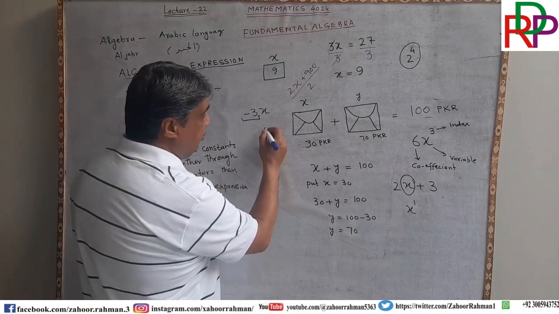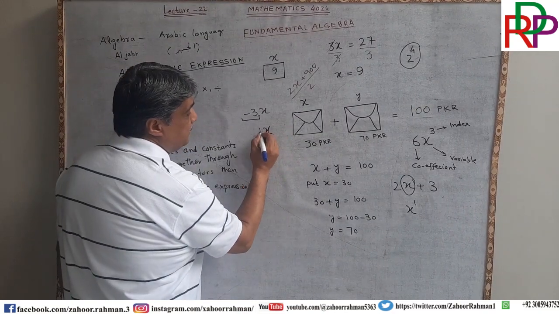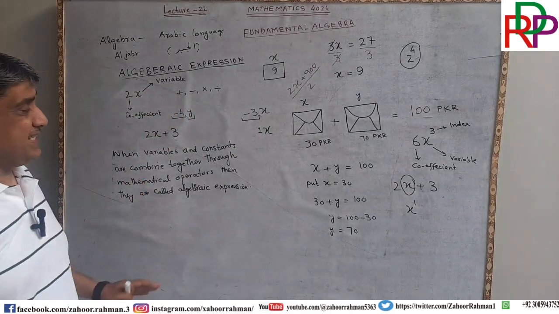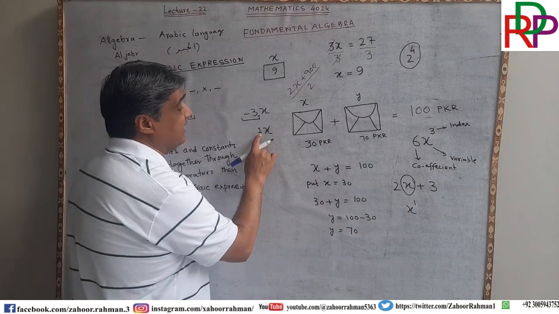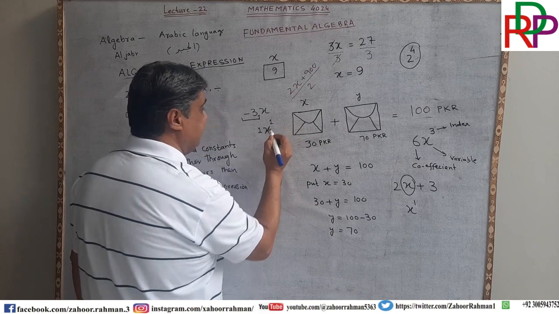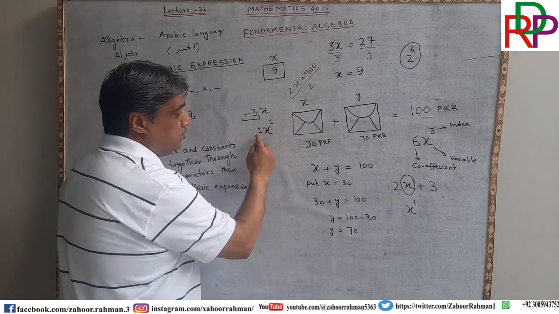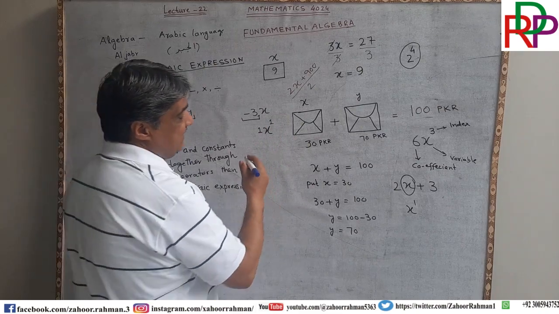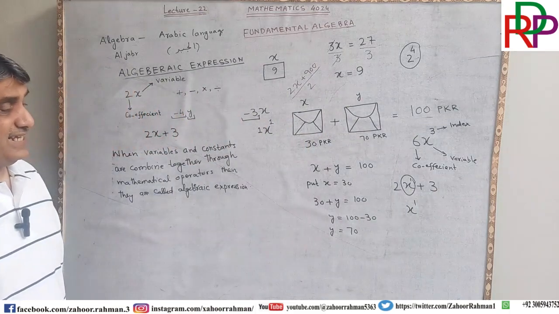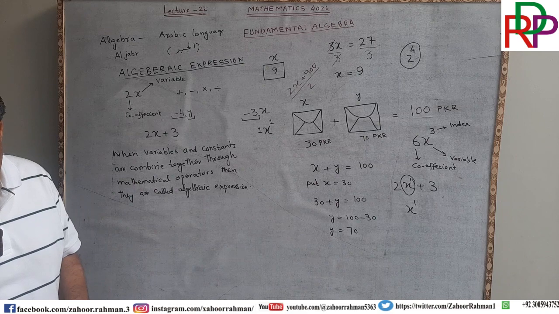If I am only writing x, then it means that the coefficient is 1, but people are neither writing this coefficient of 1 in the coefficient area nor in the index area. So you don't have to write this 1. Here the index is 1, so this is a linear equation.